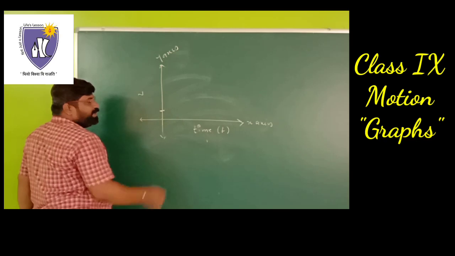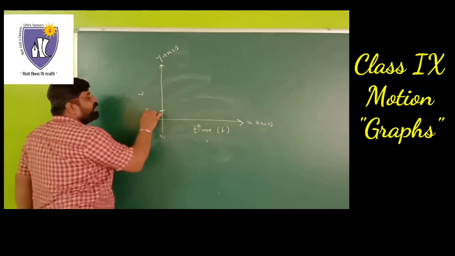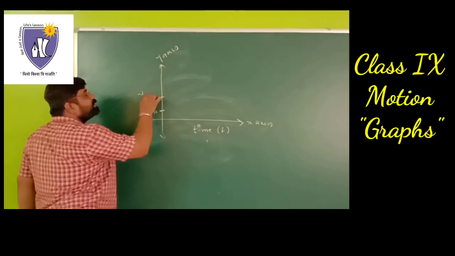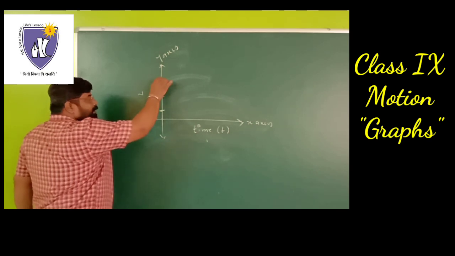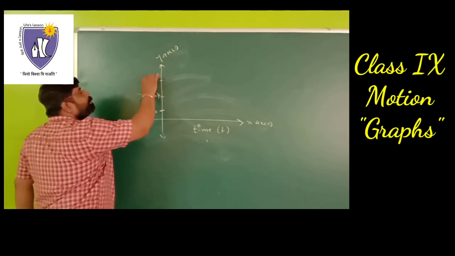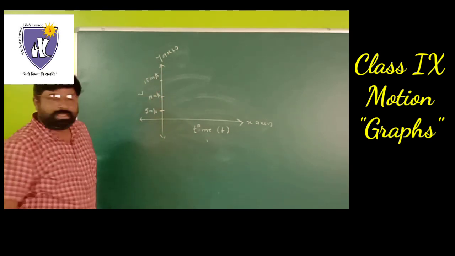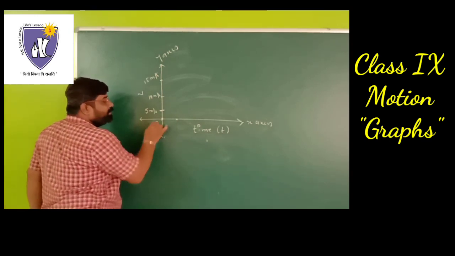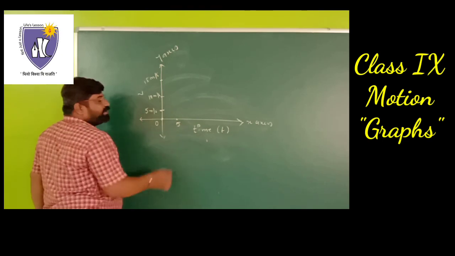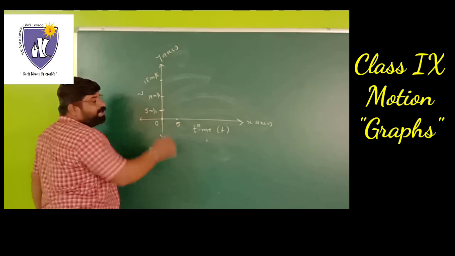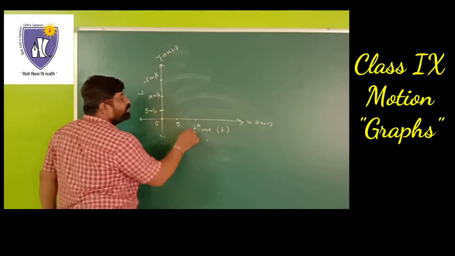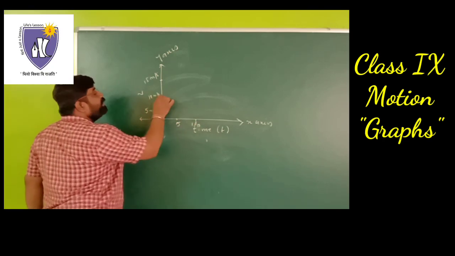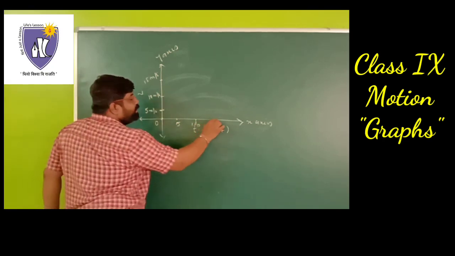So let me mark these speeds. Say this is 5 meter per second. Say this is 10 meter per second. Say this is 15 meter per second. Now, suppose the object, when it started, after 5 seconds, the speed is 5 meter per second. After 10 seconds, say the speed is 10 meter per second.